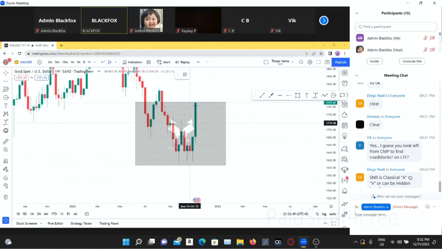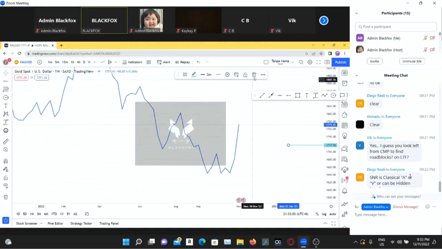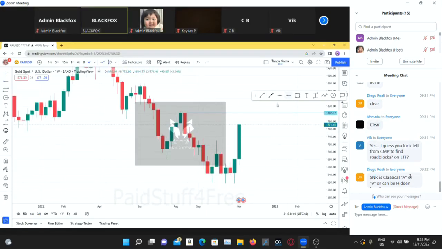So when you open weekly and want to find the storyline, we must mark the hidden base also. So we open line chart, then go from support to resistance. This resistance is already broken, and this resistance is already touched, so I don't use this one.